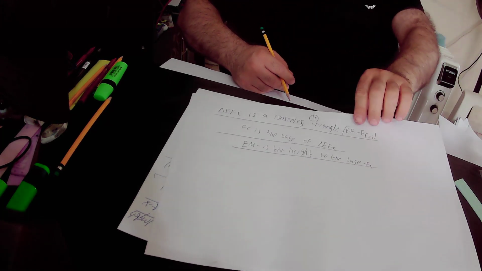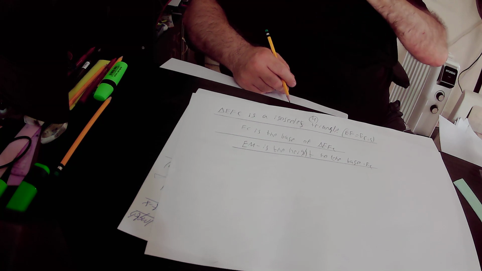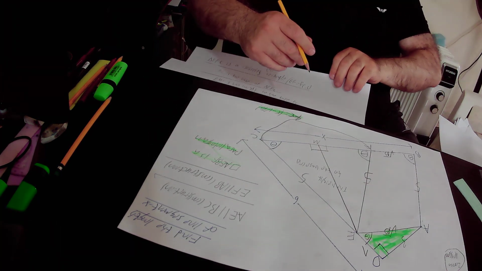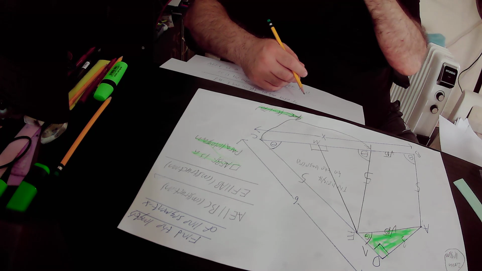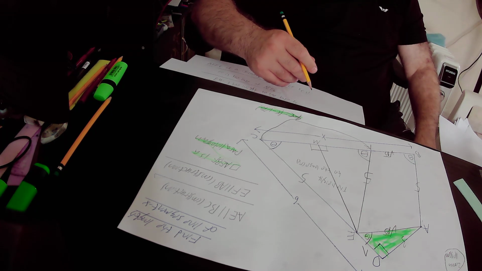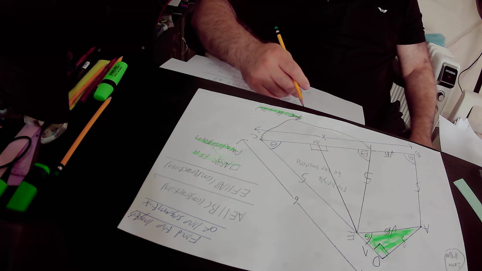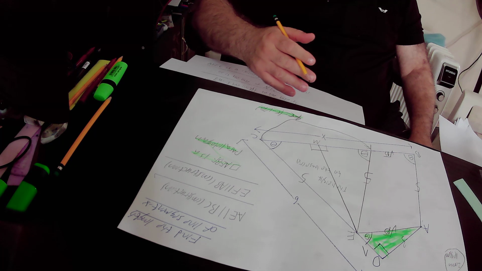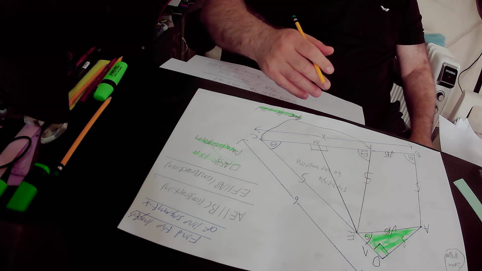I'll repeat again that EM is the height to the base FC, because any line segment that exists from a vertex of a triangle and is perpendicular to another side of the triangle is defined as the height to that side.